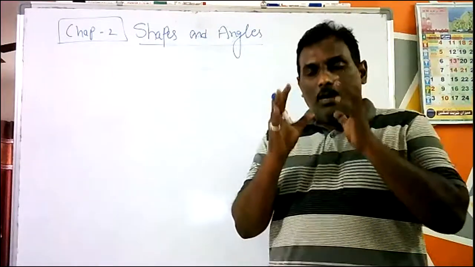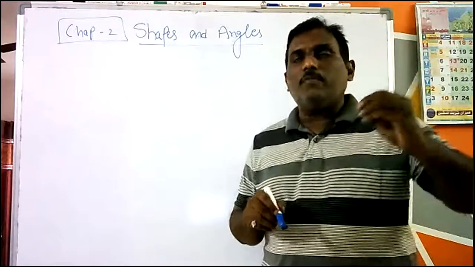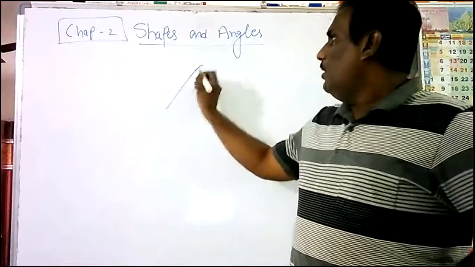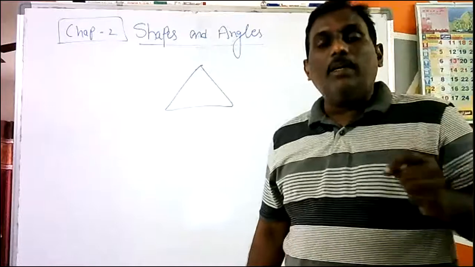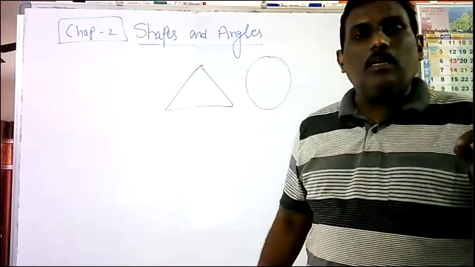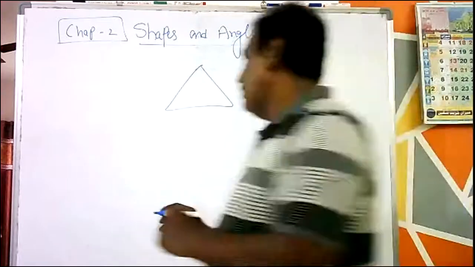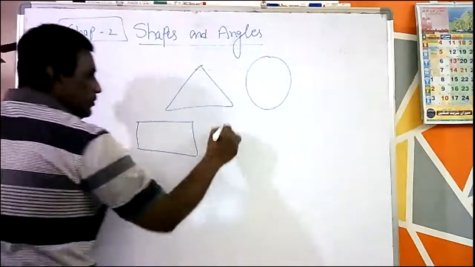So in normal life and also in the mathematics textbook, you might have seen different shapes like this. You all know the name of this. It is called a triangle. It is a closed curve. Circle. This is also closed. Rectangle.